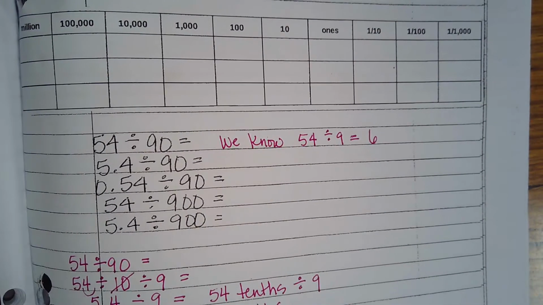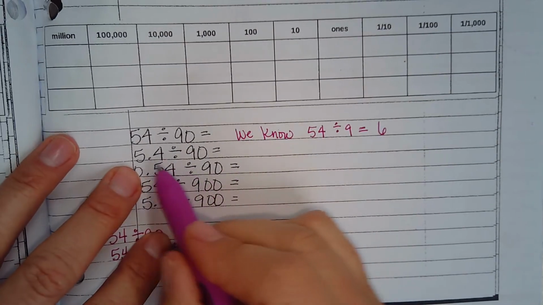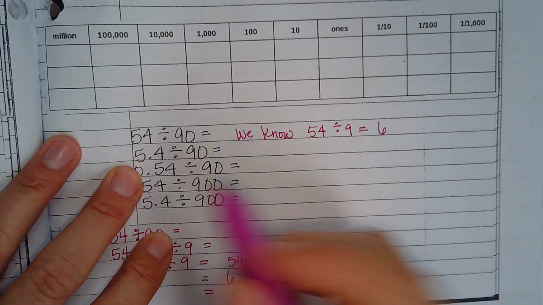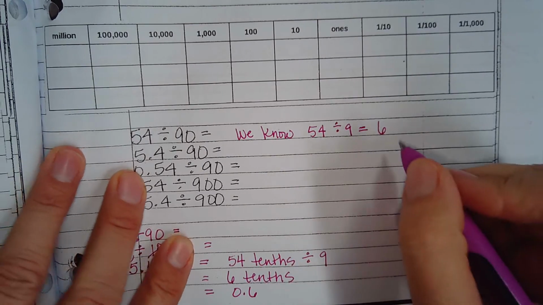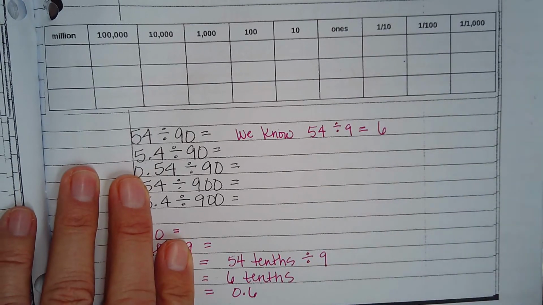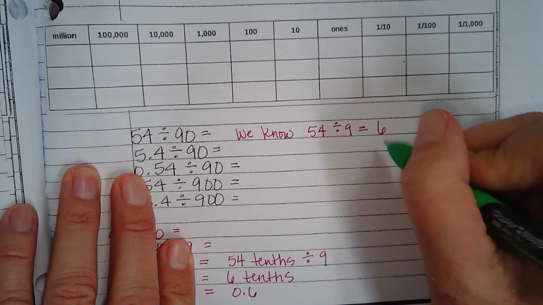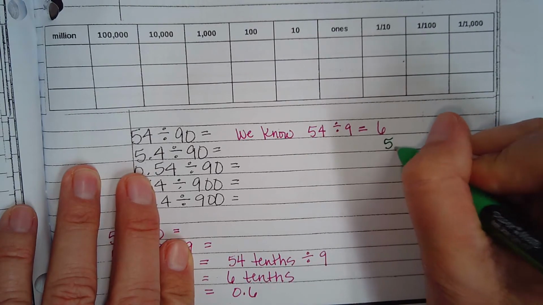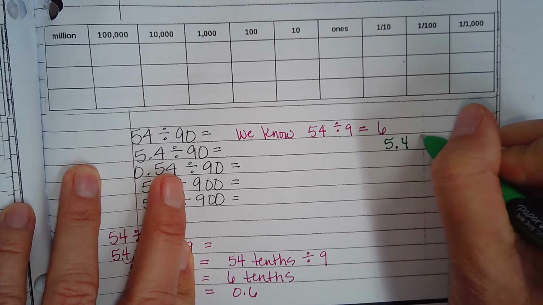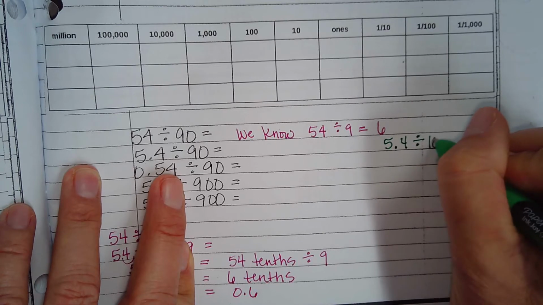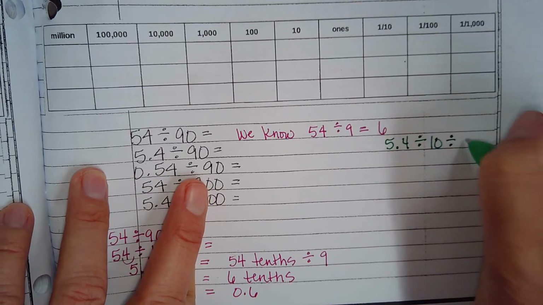Okay. All right. Let's go to 54 divided by 90. 5.4 divided by 90. So let's go 5.4 divided by 10 divided by 9.